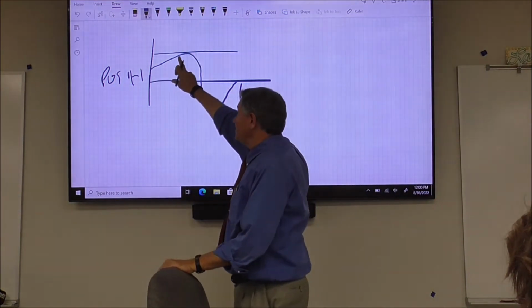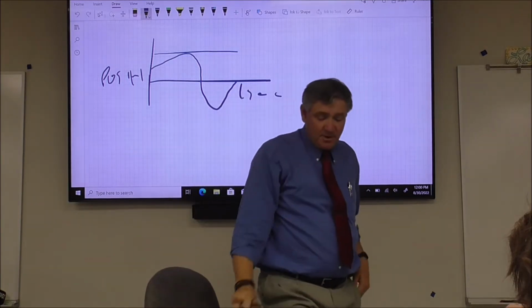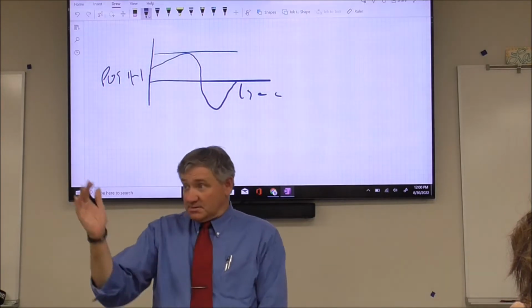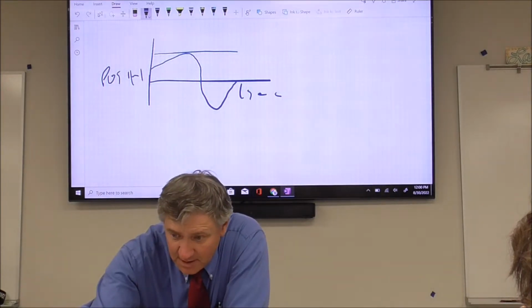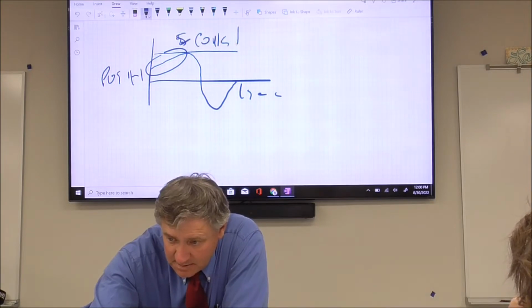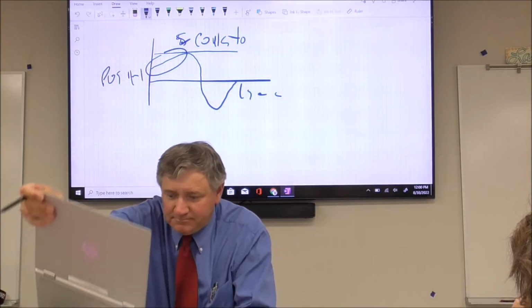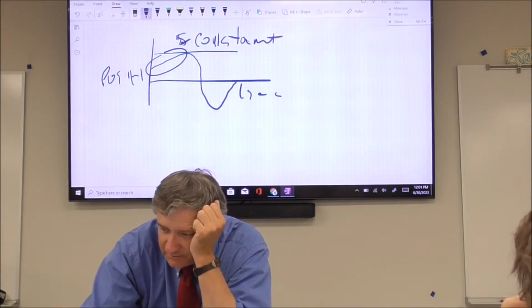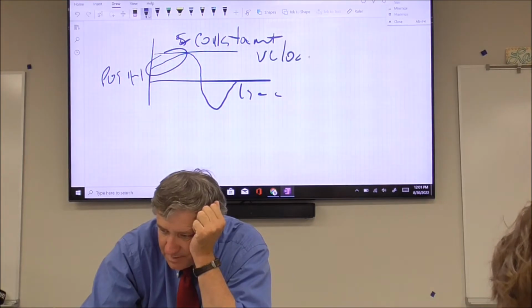when you have a straight sloping line on a position time graph, that indicates what type of velocity? Constant. So a straight sloping line indicates constant velocity.